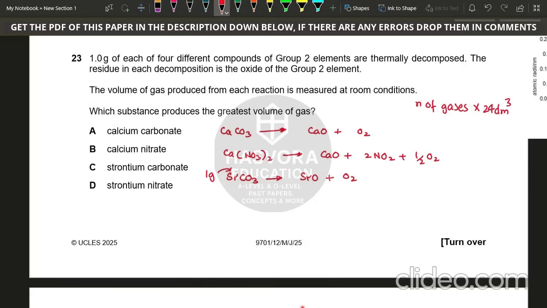Okay, you can multiply with 24 dm cube or 24,000 cm cube. So first of all, I will do it directly for the calcium nitrate because I already know the answer. Okay, just to save time, you can do it for the other ones as well.